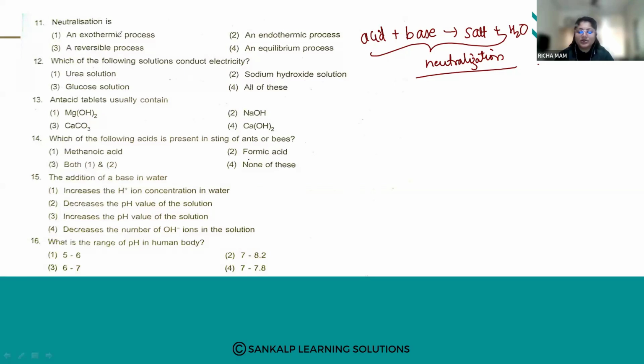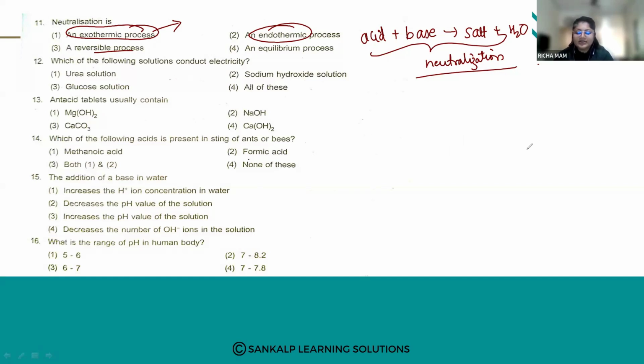Do you know what is meant by exothermic? An exothermic reaction releases heat. Exothermic reactions are those where heat is released. Endothermic means heat is absorbed. Reversible means that at any time you can reverse the direction of the process.